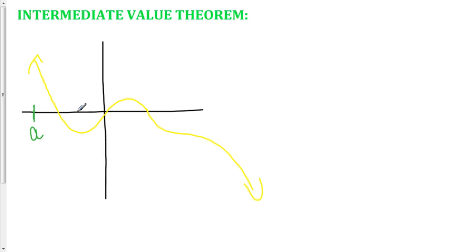And then you have another value over here, and we'll call that one b. Because a is here, then this coordinate up here on this graph would be a comma f of a. And this coordinate down here would be b comma f of b.